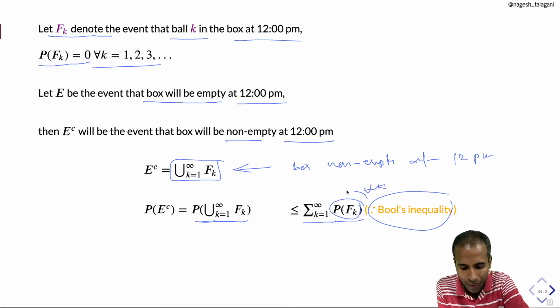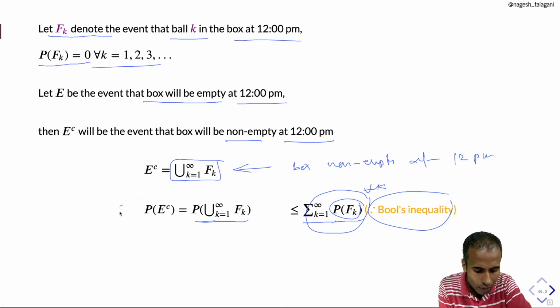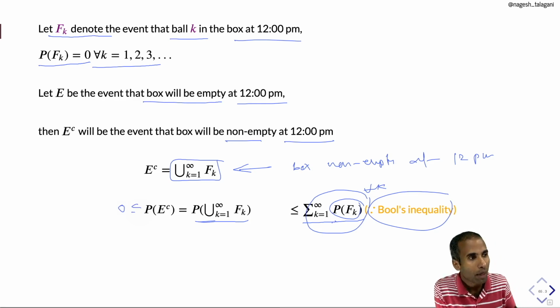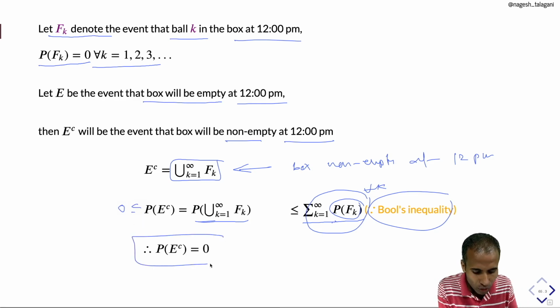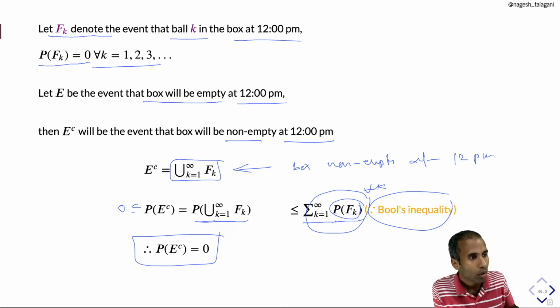So this right hand side sum will be 0. That means the probability of E complement must be less than or equal to 0. And we know that from axiom 1, the probability must be non-negative for any event. So therefore, the probability of E complement must be 0. So with probability 0, the box will be non-empty at 12 p.m.